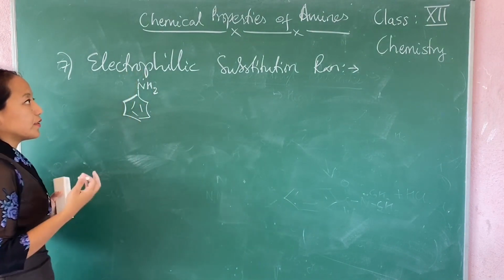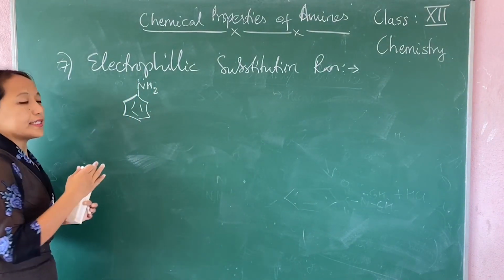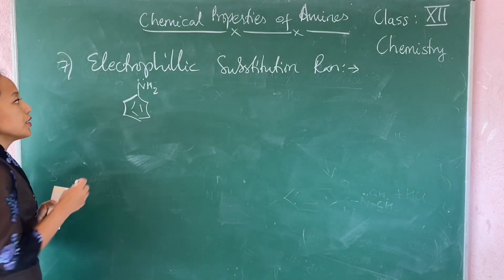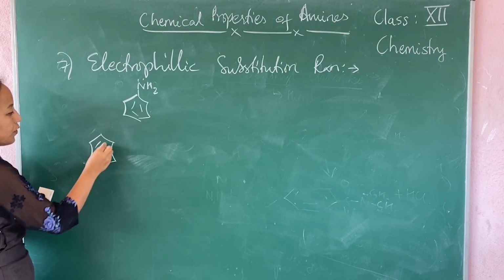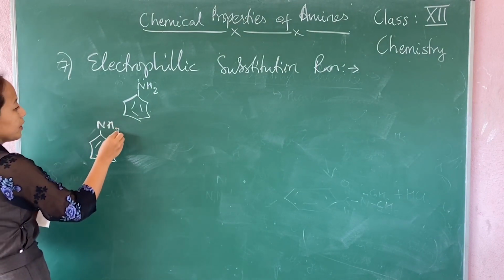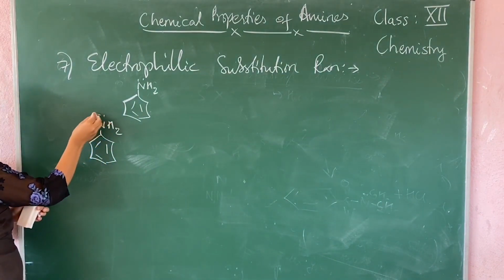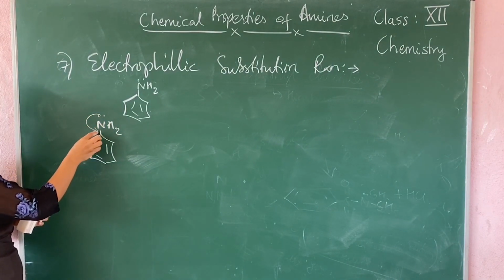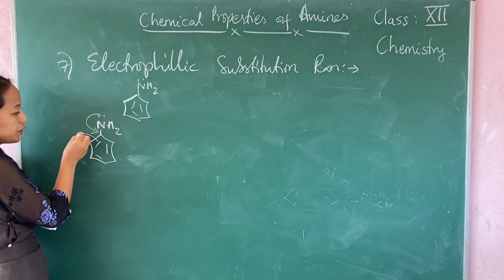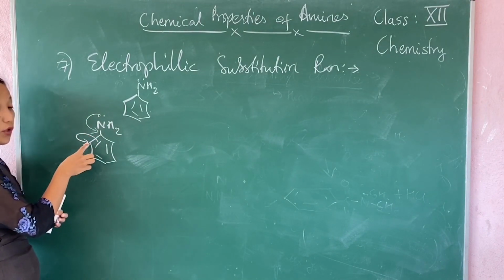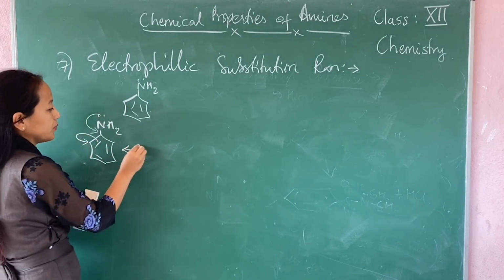The reason for this is aniline acts as an electron-rich compound. So, in this case, if you draw the resonating structure for aniline, this lone pair of electrons will come and form a double bond over here. Since you cannot have double bonds together, this will shift and sit in the form of negative charge on this carbon atom.